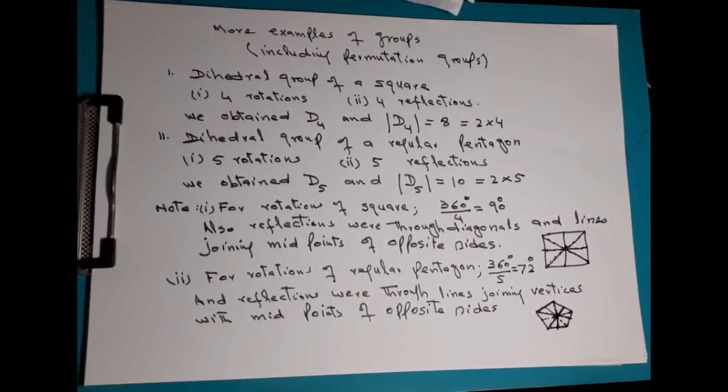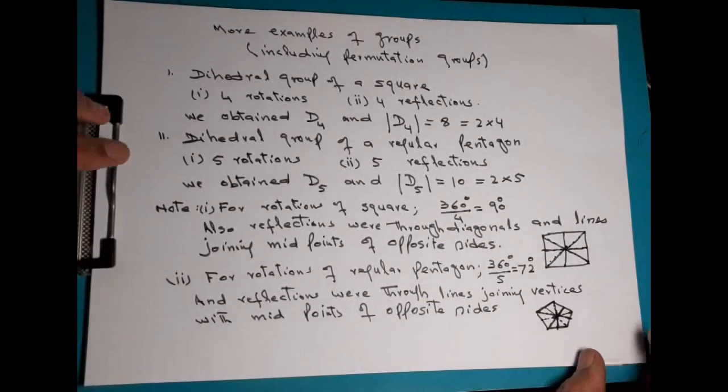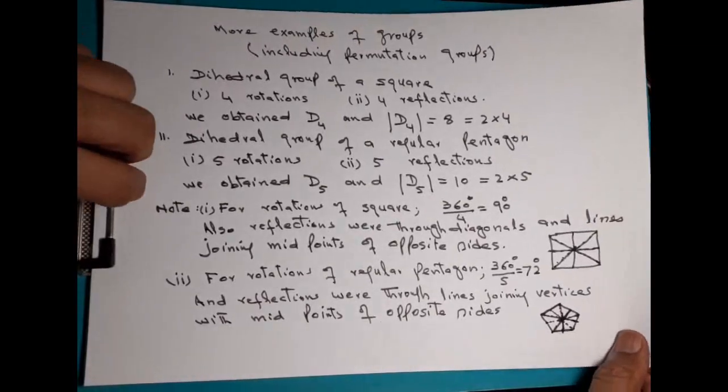And for a regular polygon for which the number of sides is odd, we take reflections through lines joining vertices with midpoints of opposite sides. So let's have a note about this.